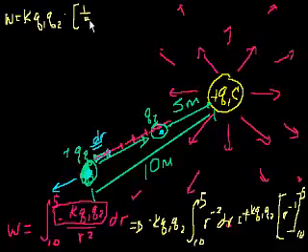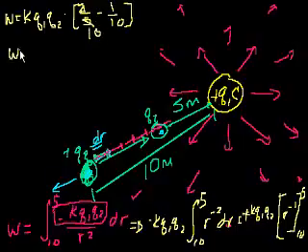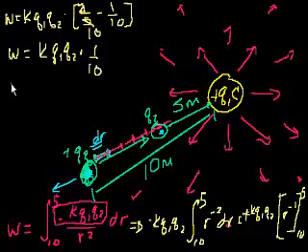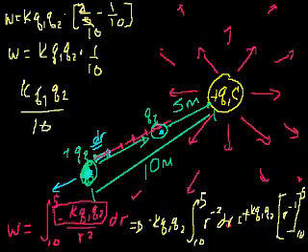R to the negative 1, so 1 over r, minus the antiderivative evaluated at 10, minus 1 over 10, is equal to, well, 1 over 5, that's the same thing as 2 over 10, right? So we have the work is equal to k q1 q2 times 2 over 10 minus 1 over 10, which is 1 over 10. So it equals k q1 q2 over 10.